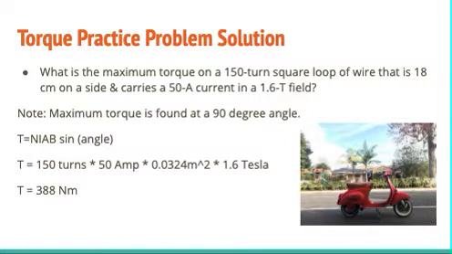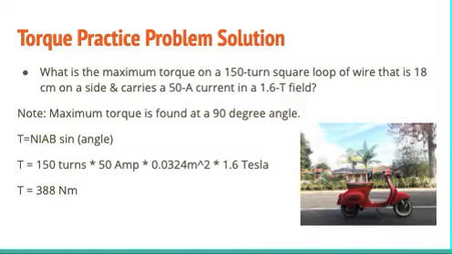Okay, here is the solution. So first, something that we should note is that the maximum torque will be found at a 90-degree angle. And if you've taken trigonometry, you should just know this, but if not, that's generally the rule.